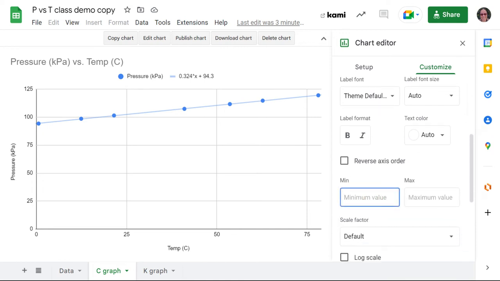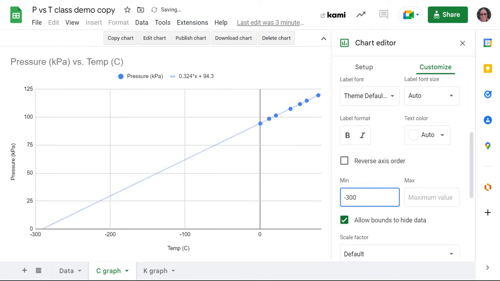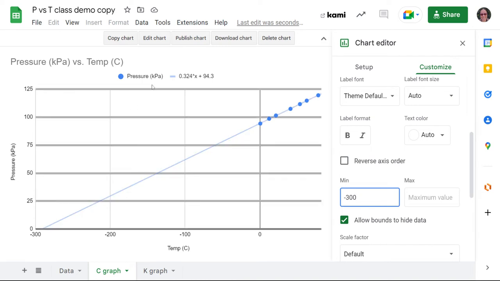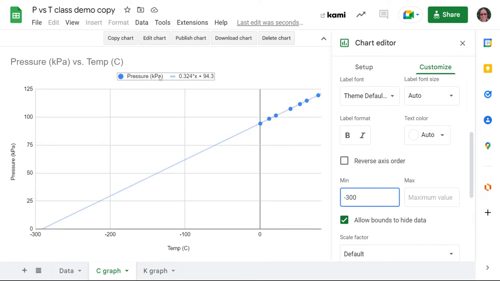So if I extend the x-axis to -300, then now we can see that, in fact, at a little bit more than -300 degrees Celsius, we have this theoretical lowest temperature, the temperature at which all the particles stop moving and there is 0 pressure. Now, if you do the math with this, if you set the pressure to 0 and solve for that temperature, you'll get -291 degrees Celsius with our data.